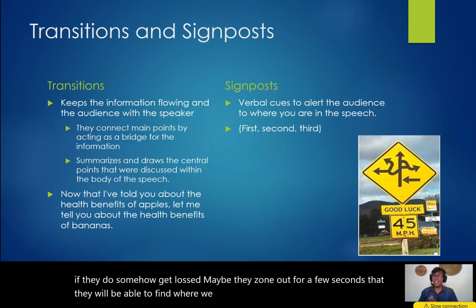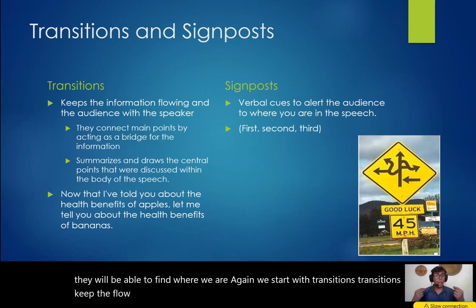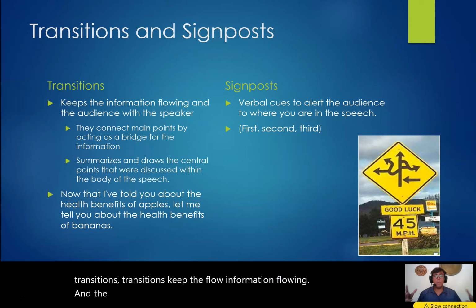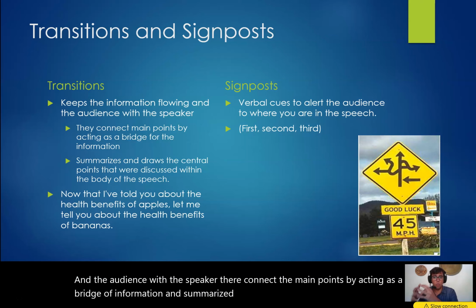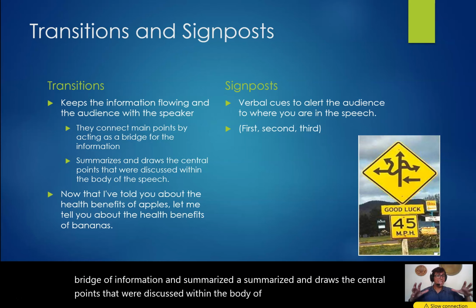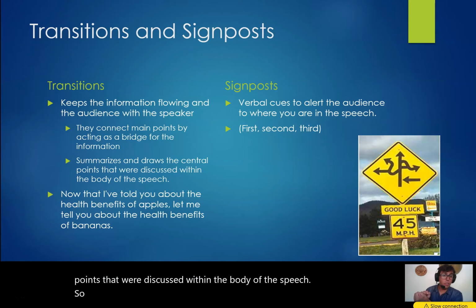We start with transitions. Transitions keep the information flowing and the audience with the speaker. They connect the main points by acting as a bridge of information, and they summarize and draw together the central points that were discussed within the body of the speech. So, in other words, they review what you've just said and preview what you're about to say.